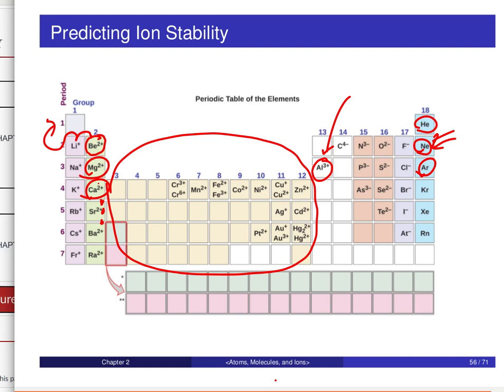On the left-hand and right-hand sides of the periodic table, there's only a single charged ion that's formed, whereas with transition metals, we'll oftentimes see more than one stable ion. I'm not going to ask you to memorize the different stable ions for the different metals at this point by any means, but I want you to remember that transition metals do oftentimes form multiple stable ions.